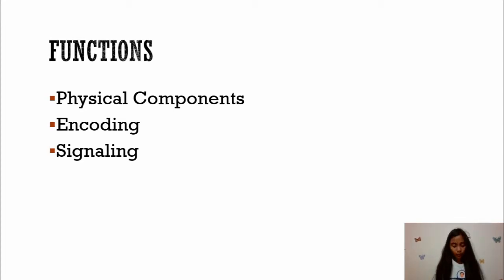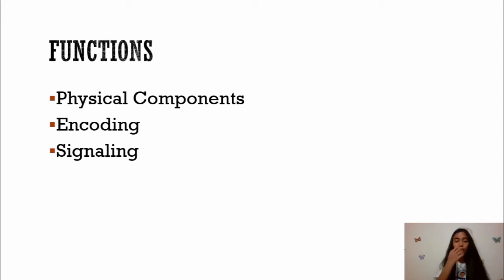So in other words, encoding is the method or pattern used to represent digital information, and it is similar to how Morse code encodes a message using a series of dots and dashes.